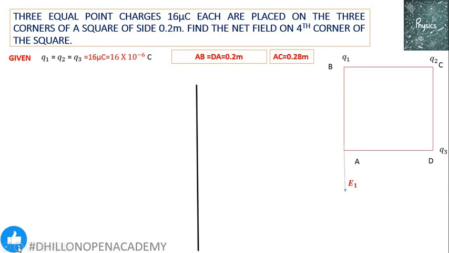So let's first indicate the field of Q1 at point A. Because Q1 and Q0 are same in nature, Q1 will repel Q0 away from it in the direction B to A. So the line of action of electric field E1 will be from B to A, and its magnitude is given by 3.6 into 10 raised to power 6 Newton per Coulomb, from B to A.